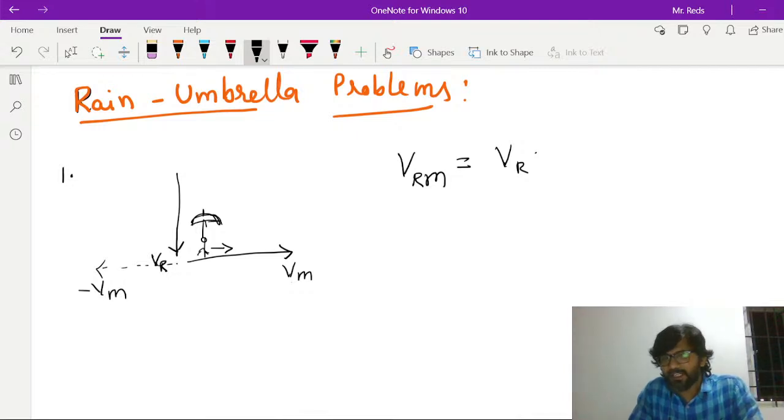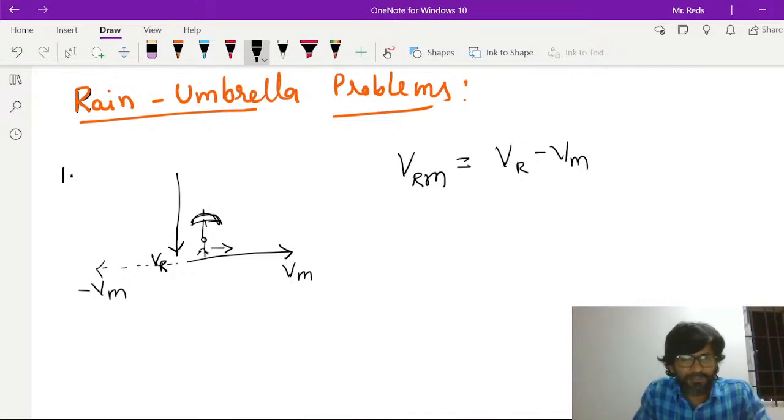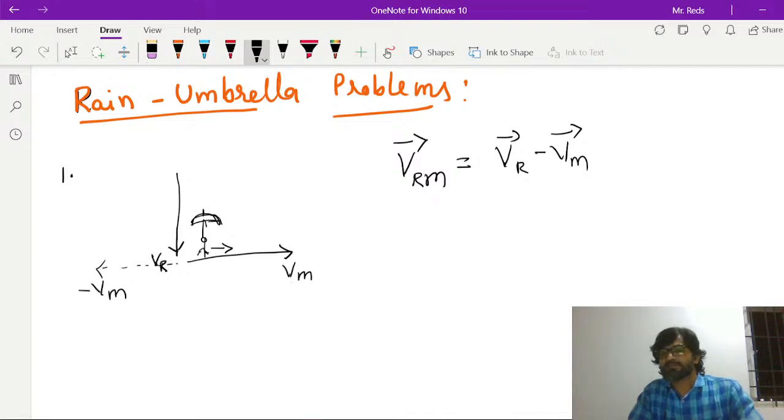So Vrm is equal to Vr minus Vm by the general formula of relative velocity. In vector notation, the velocity of rain with respect to man is equal to the velocity of rain minus the velocity of man.